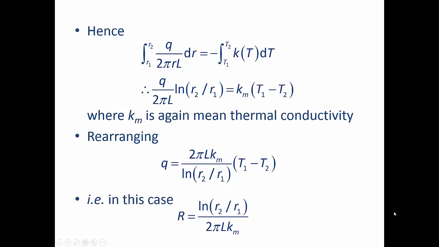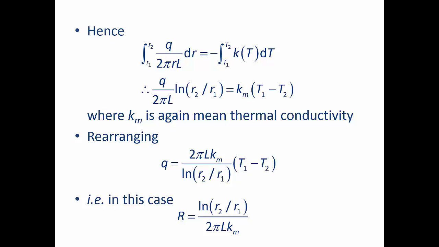This means that when we come to try and solve this problem, we are now integrating between our inner and outer radius of the pipe, and integrating between the inner and outer temperatures, which are T1 and T2. But of course the term in A has a dependence on r. So now when I bring all my terms in r onto the left hand side and all my terms in T onto the right hand side, I have effectively inside my integral dr over r. The other terms in that integral are constant: q over 2 pi L.